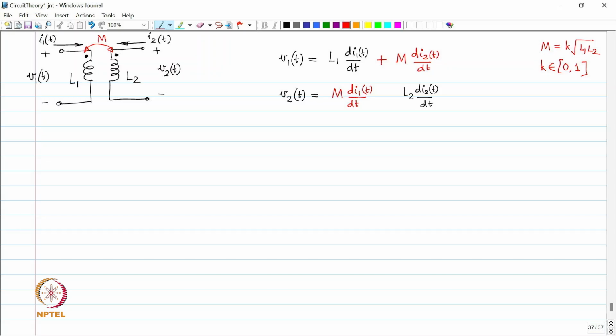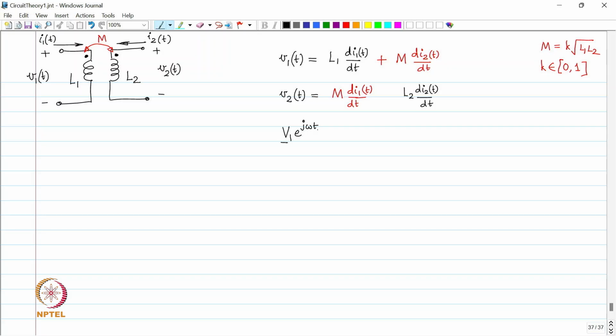Okay. Now, to start with, we know that when we are operating at sinusoidal steady state, all the voltages and all the currents are of the form of some complex number times some complex exponential. So V 1 is going to be some complex V 1 times e to the power j omega t.